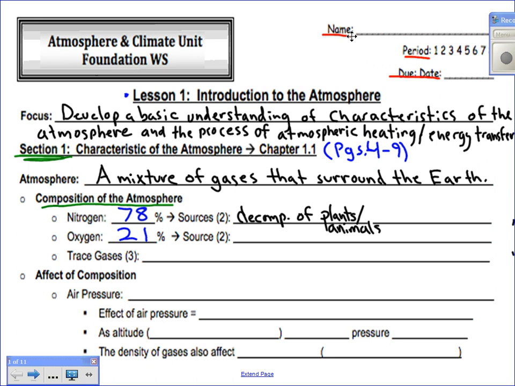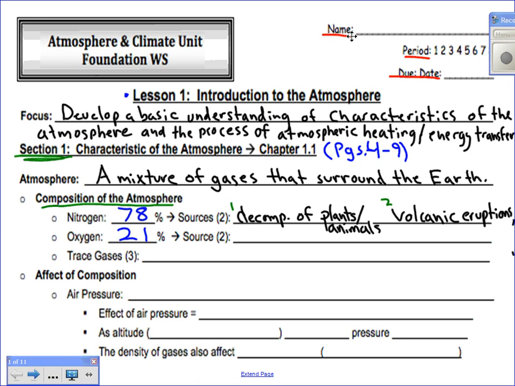The second one is volcanic eruptions. That's the second way that nitrogen is released into the atmosphere. So volcanic eruptions. These are the two major processes.